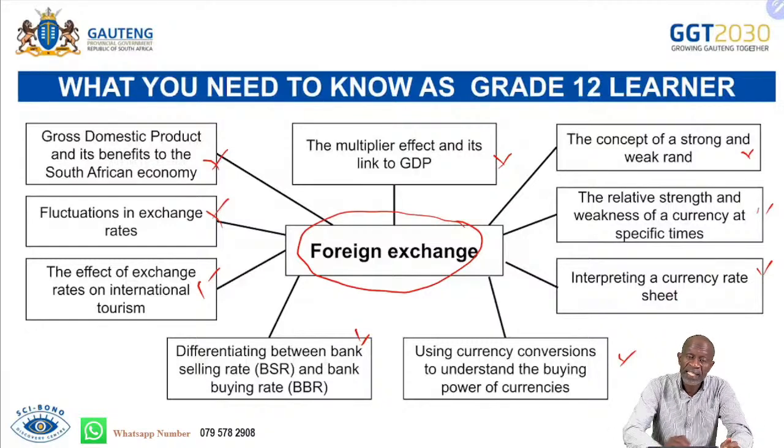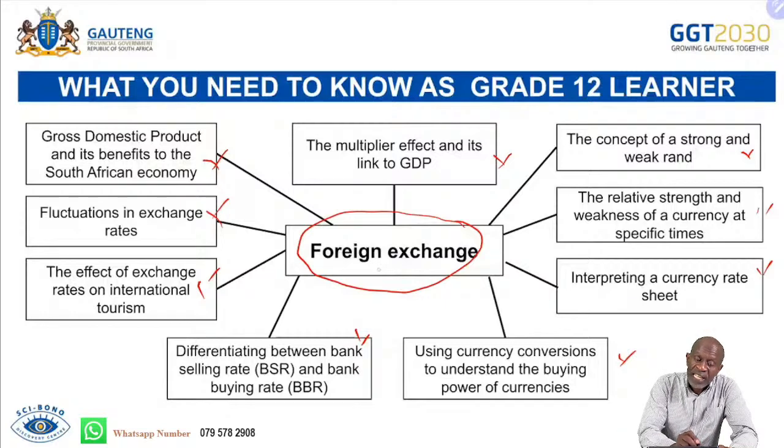Or these are some of the items that you will have to understand and know to understand foreign exchange and how it works. So we're going to look into these items, or in these categories of foreign exchange as listed on the mind map.